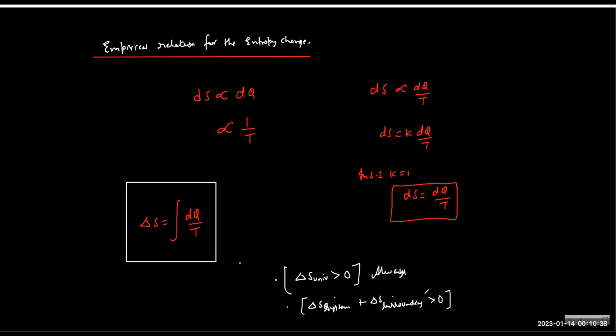So you understand that though the surrounding is huge, our interaction is not with the huge surrounding, our interaction is with the immediate surrounding, isn't it? Yes, sir. So system and surrounding can be individually positive or negative, but the sum cannot be negative. The sum is bound to be positive.